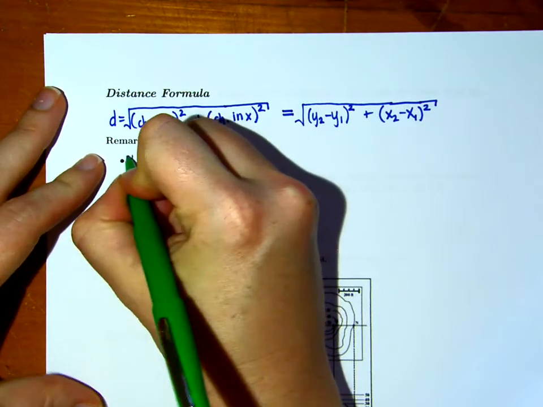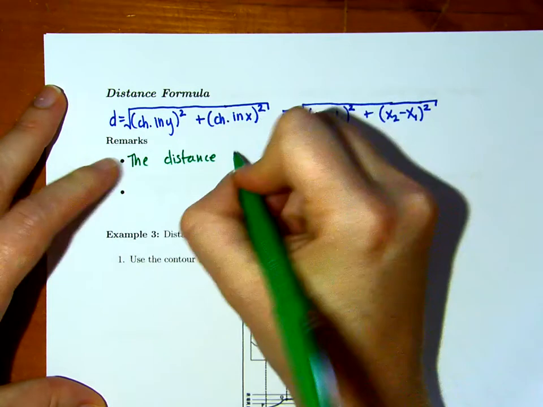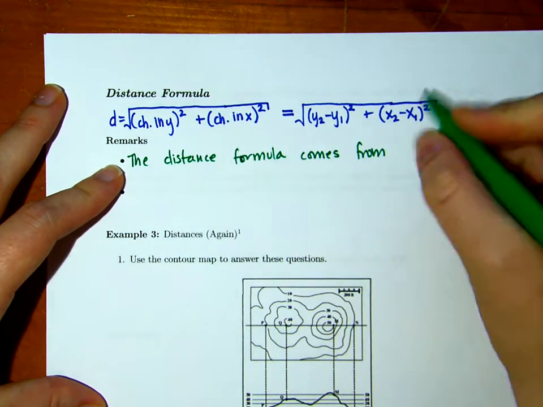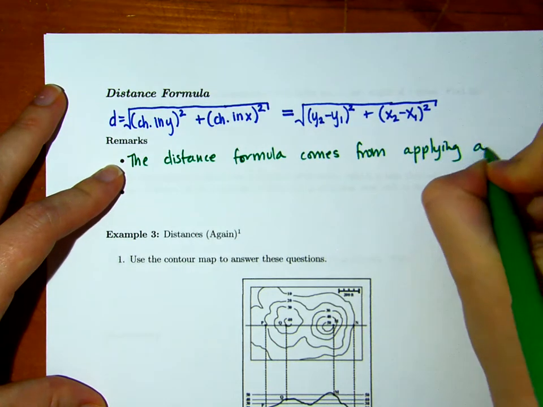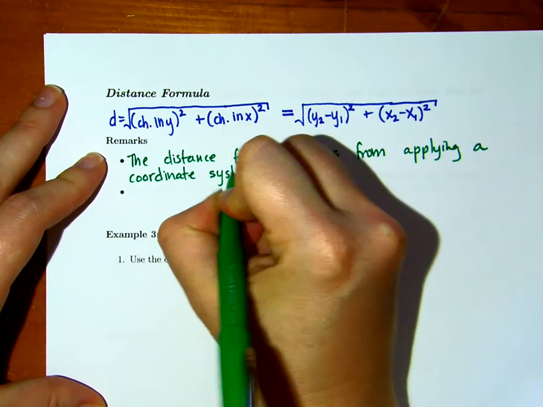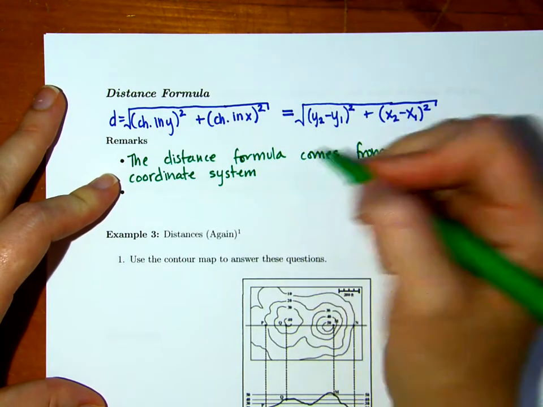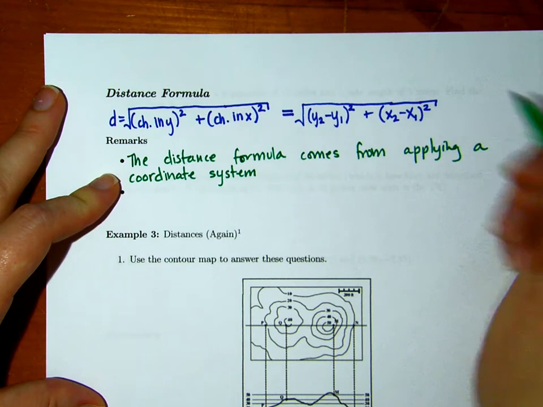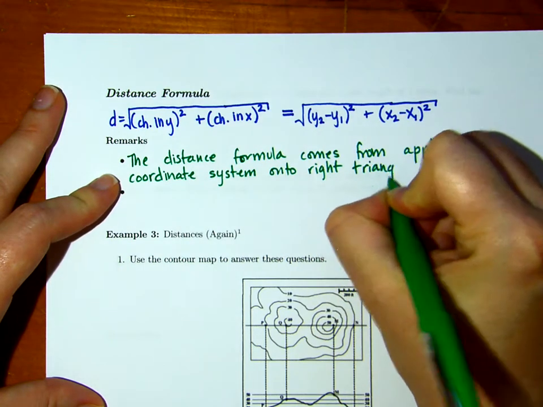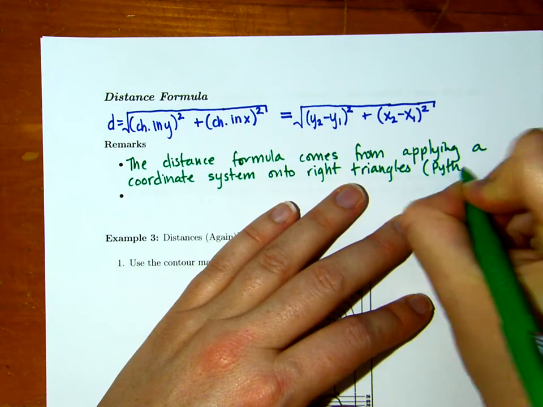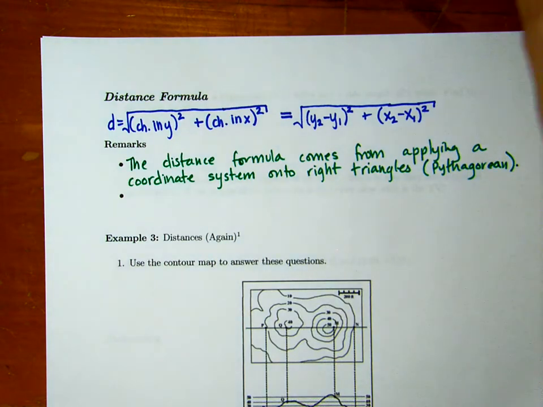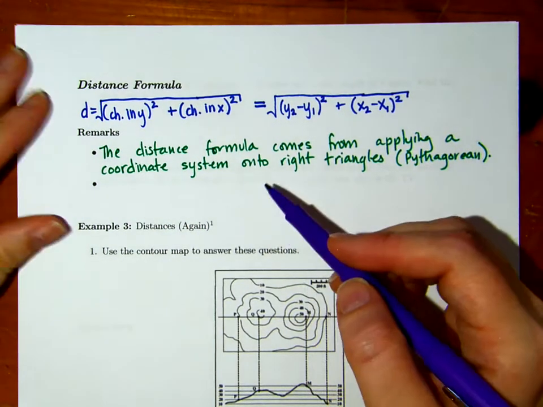So the distance formula comes from applying a coordinate system or a location system onto right triangles and using the Pythagorean theorem. Yes?